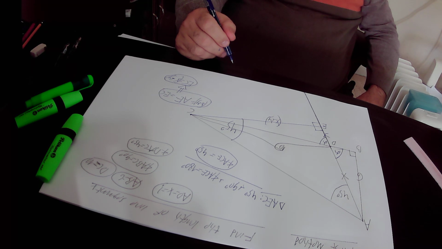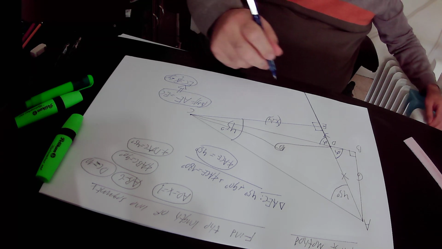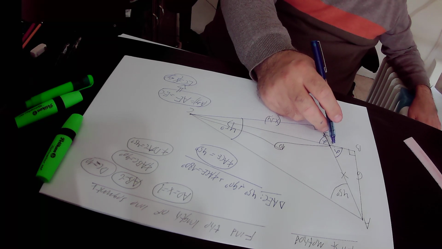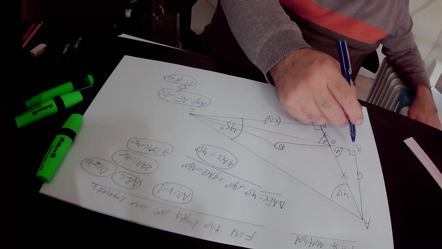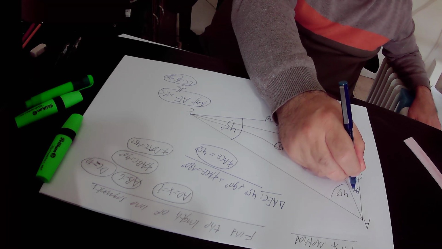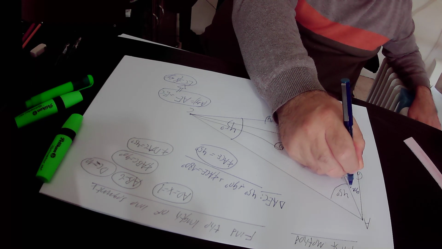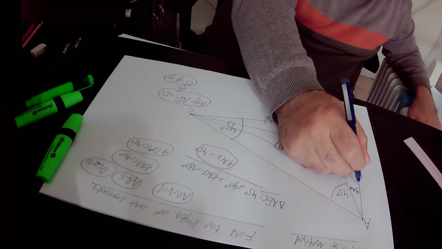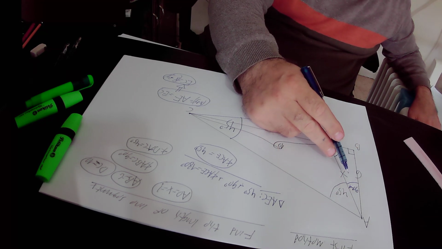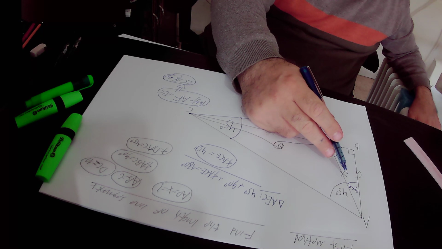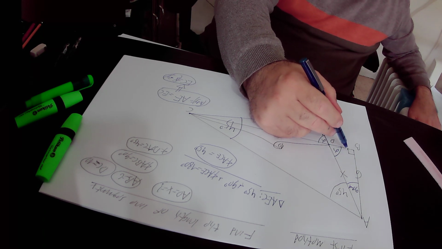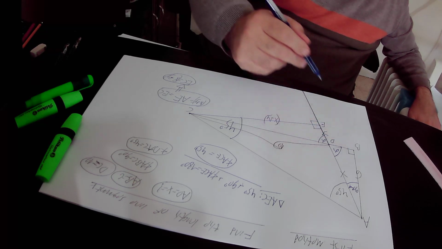And in the right triangle ABD, this angle equals alpha, so angle BAD must be equal to 90 degrees minus alpha in order to complete the sum of the angles in the right triangle ABD to 180 degrees. Then 90 degrees minus alpha plus alpha is 90 degrees, and 90 degrees plus 90 degrees equals 180 degrees.